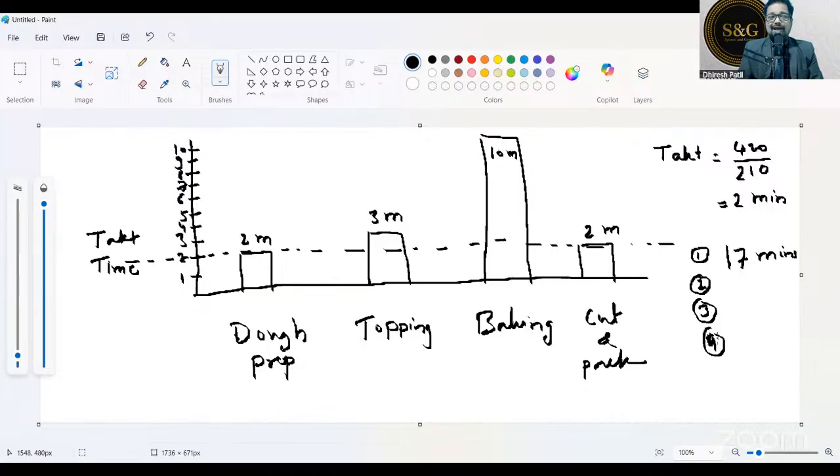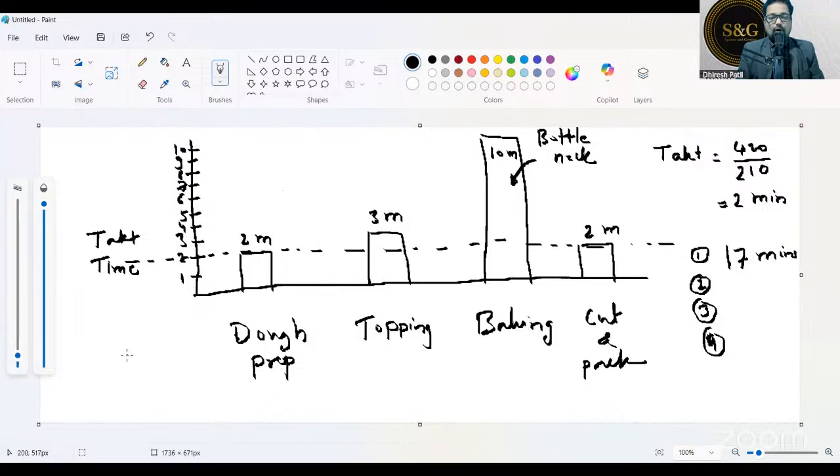What is bottleneck? The bottleneck is the process which has the highest cycle time, which is the slowest process of your system. So this process is called the bottleneck process.